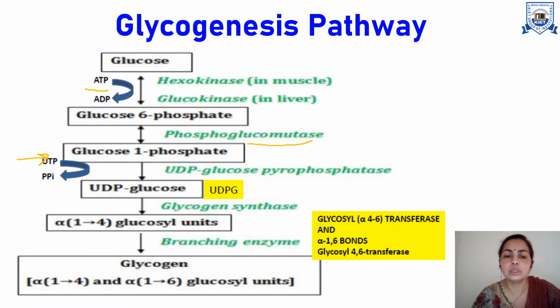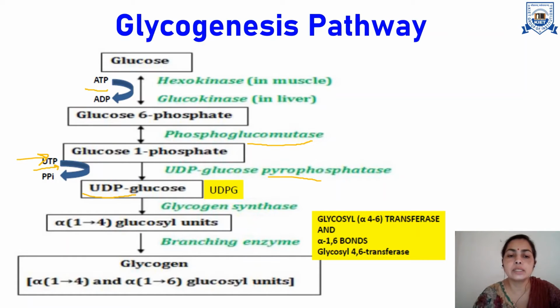This is the first product produced here. That is step 1 of the glycogenesis pathway, and in the presence of the enzyme UDP glucose pyrophosphorylase, UDPG formation takes place. In this step, one UTP is utilized, and that helps us to produce UDPG. So this is step 1, that is synthesis of UDP glucose or UDPG.